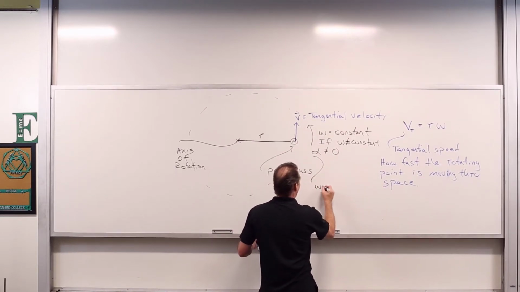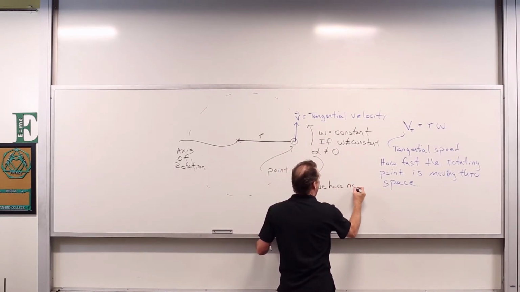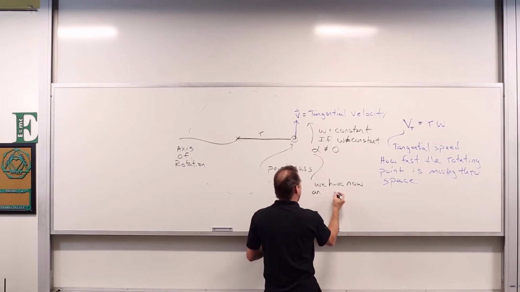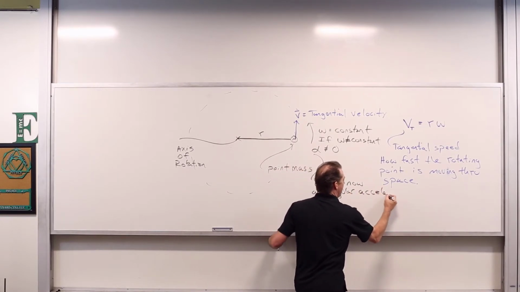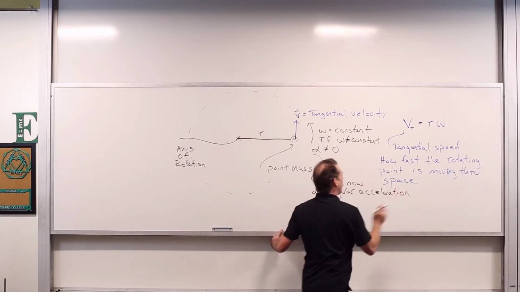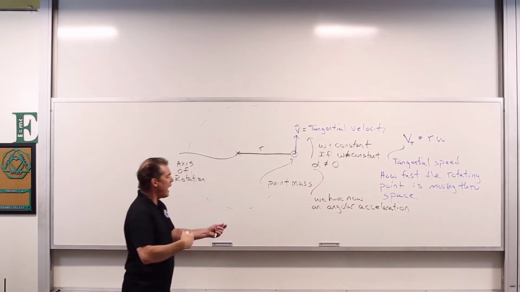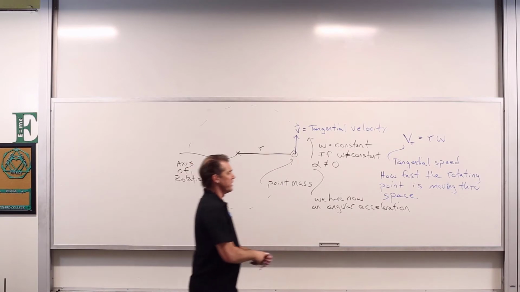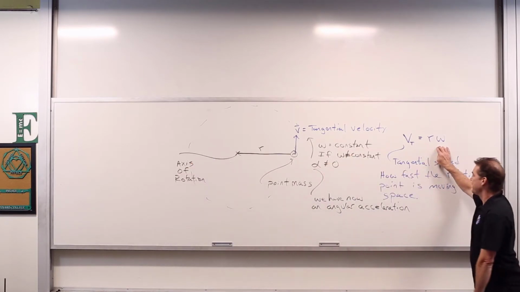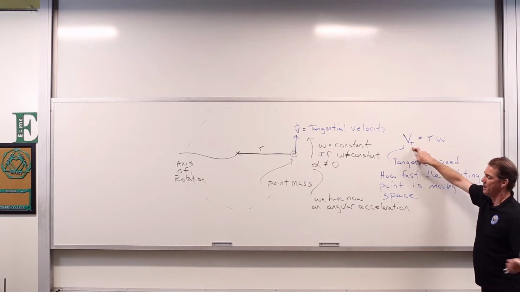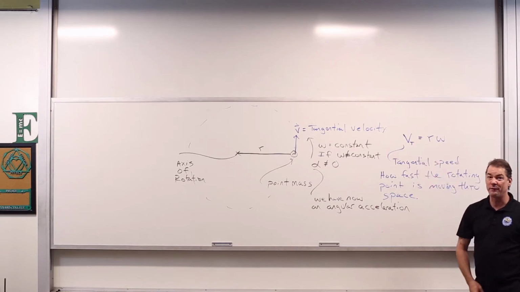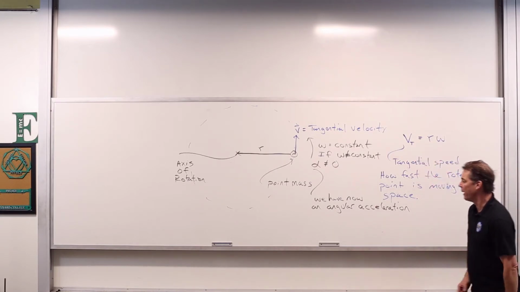That is to say, we have now an angular acceleration. Well, if the object's undergoing an angular acceleration, omega is changing with respect to time, which means that the tangential speed's changing with respect to time, which means then we have some sort of tangential acceleration as well.